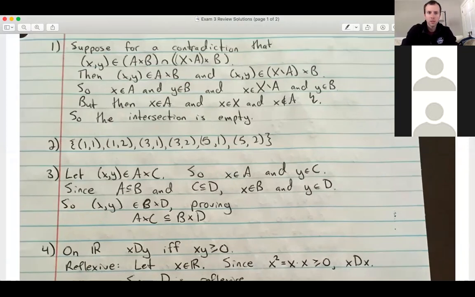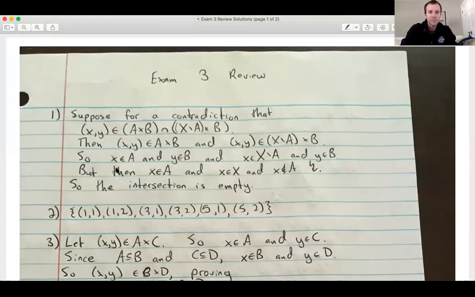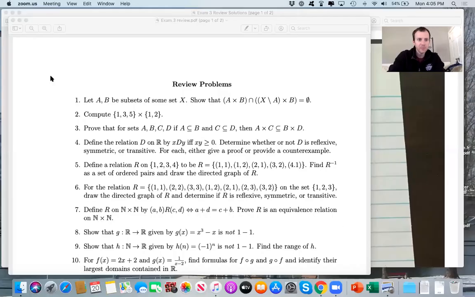So these are the solutions that are up there. We didn't write out the problem. The first one says if you have two sets A and B, and some background set X. I want these review problems up here also, so I'll jump between these.